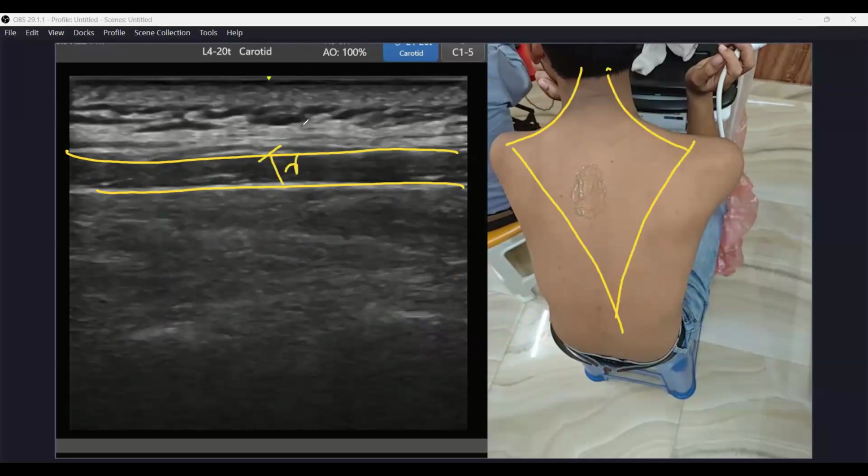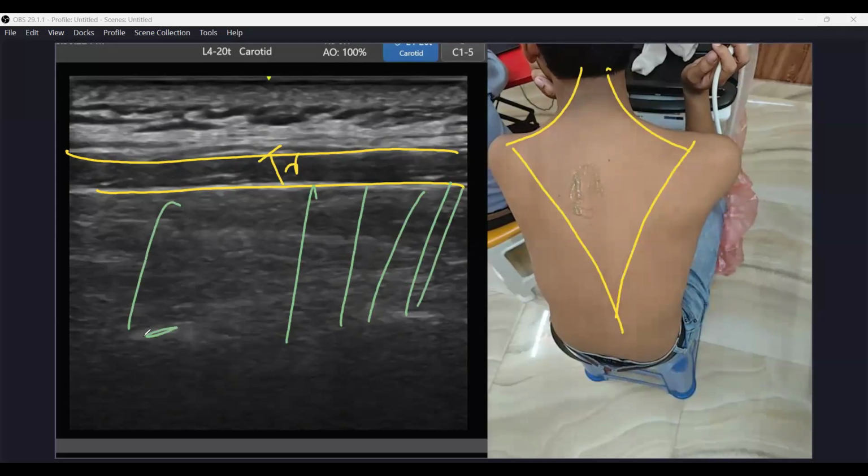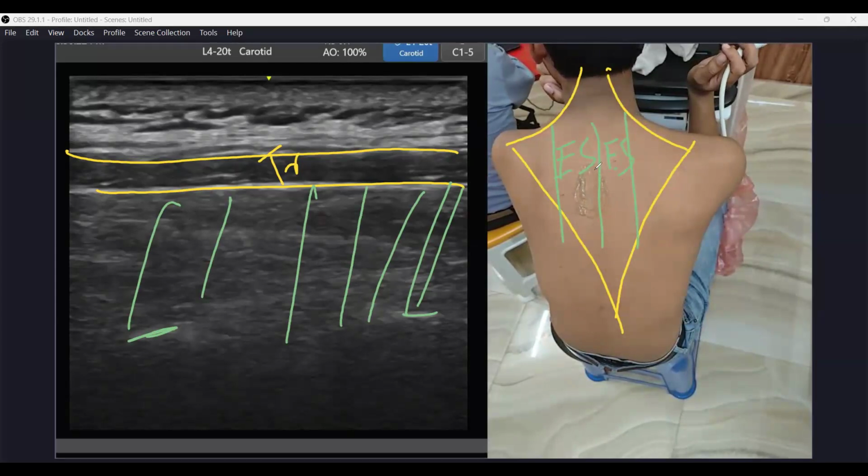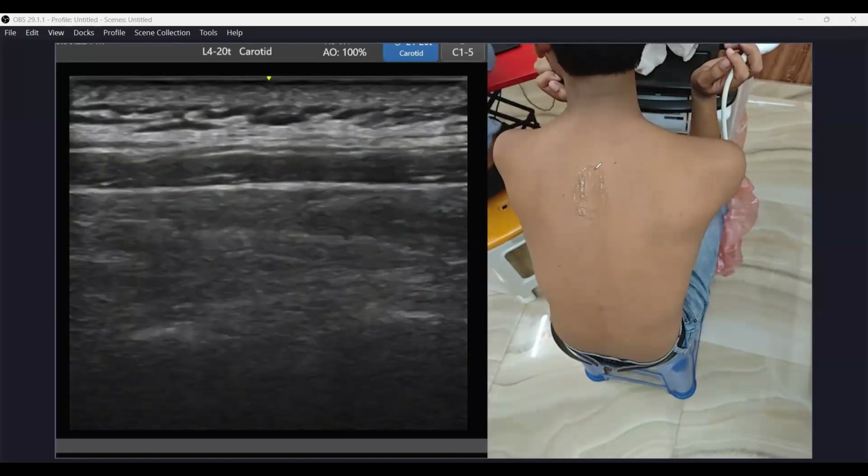Yes, trapezius. Now at this point, another muscle is there. We can see the bones above that. And this is not one muscle, this is a group of muscles. So what is this group of muscles? Erector spinae. This is the erector spinae group.